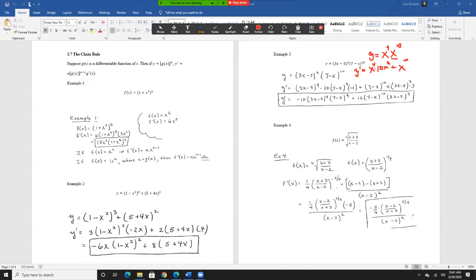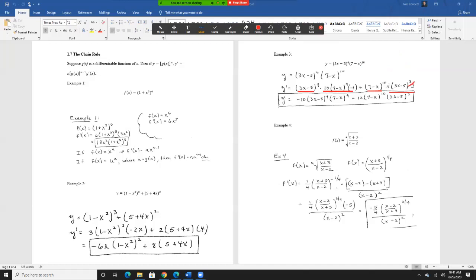And the derivative of x to the power of 4 would be 4x cubed. And again, that's great if you're doing x raised to a power, but we have functions raised to a power that are not x. So again, we have to employ the chain rule. So here we took the first function times the derivative of the second, plus the second function times the derivative of the first.